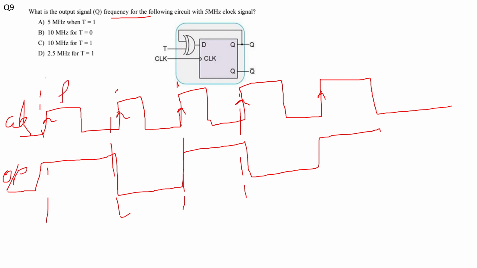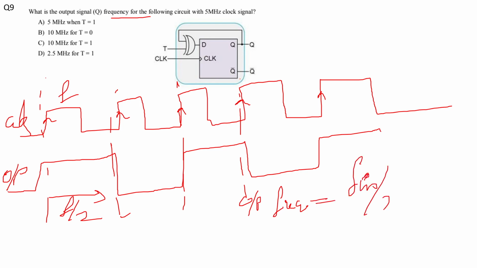This was having frequency f, this is having frequency f by 2. So my output frequency will be equal to my input frequency divided by 2, and this condition only arises when T is equal to 1.